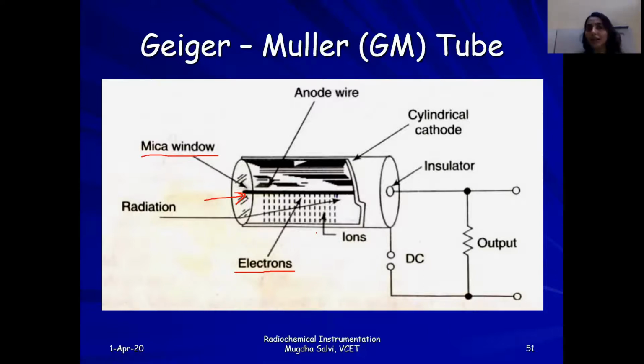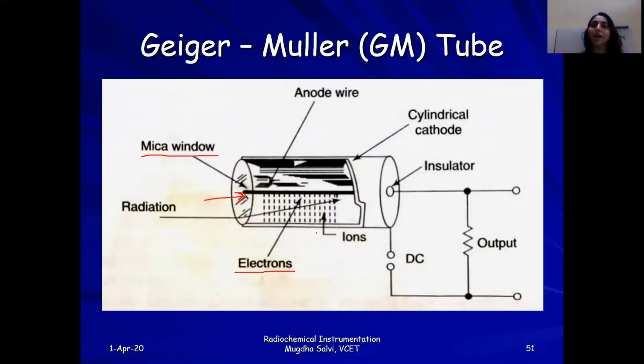Now let's come back to the avalanche part. What happens is, because of this avalanche, there is a huge current that flows. Along with this current, if you recollect, since there was a lot of ionization happening, the gas inside starts to be exhausted because it forms ions and electrons. So gas molecules start reducing inside the GM tube.